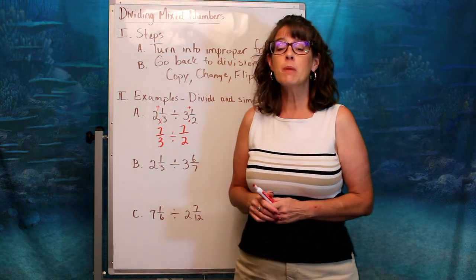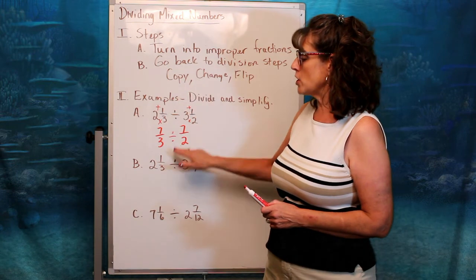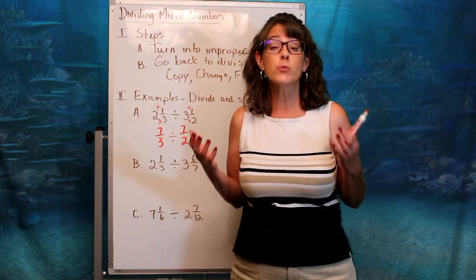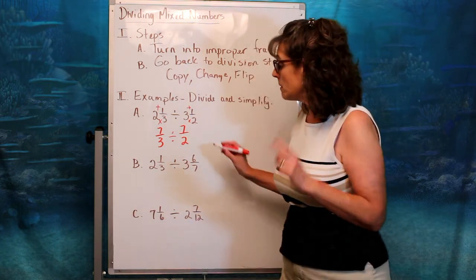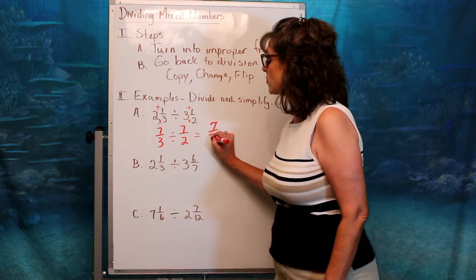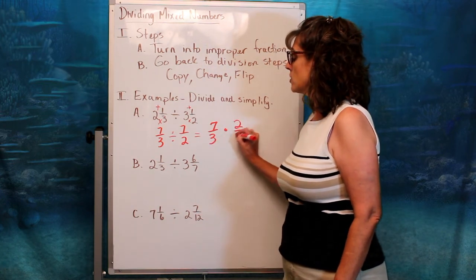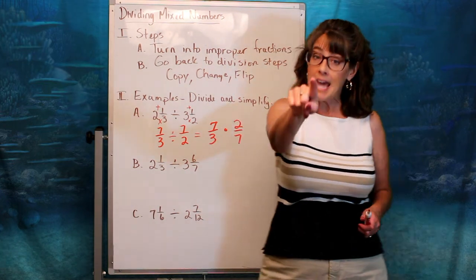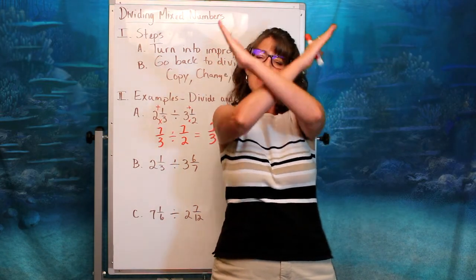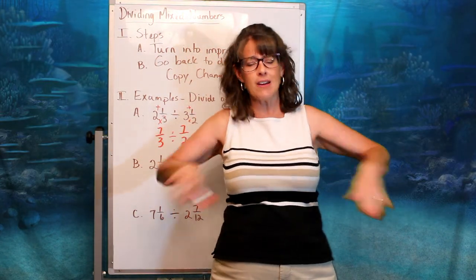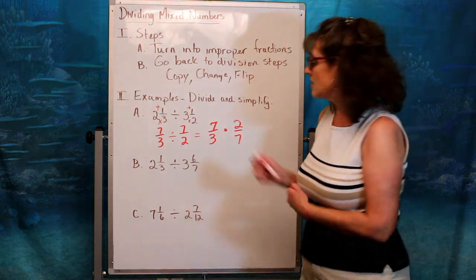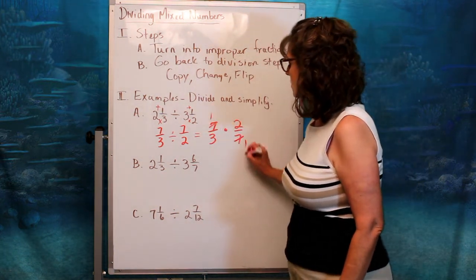So now, remember, this indicates I'm going to copy, change, flip, because I have no rules for dividing fractions. My only rules are for multiplying fractions. So I'm going to convert it into a multiplication problem by copying down the first one, changing it to multiplication, and flipping the second one. Now, I do have rules for multiplying fractions. Cancel on the diagonals, cancel up and down, and then shoot straight across. So I'm going to check this diagonal. Aha! 7 goes into 7 once, 7 goes into 7 once.